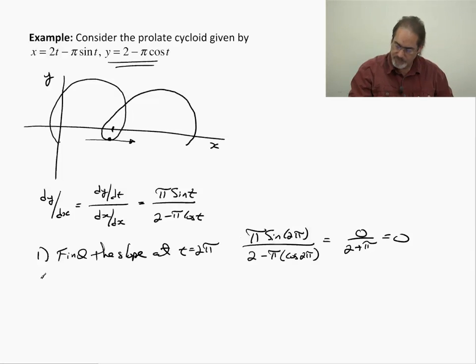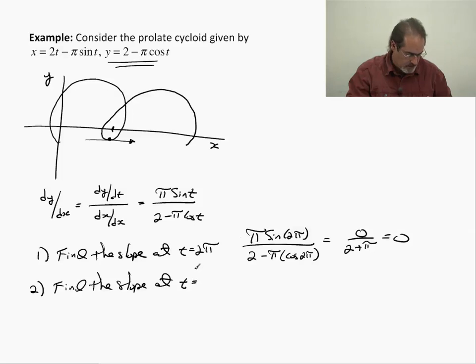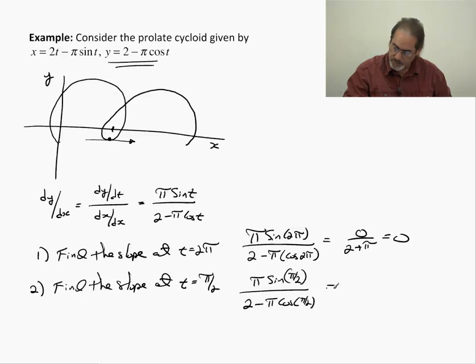It's horizontal. And now let's find the slope at t equals pi over 2. Well, that's going to be pi times sine of pi over 2 over 2 minus pi times cosine of pi over 2.